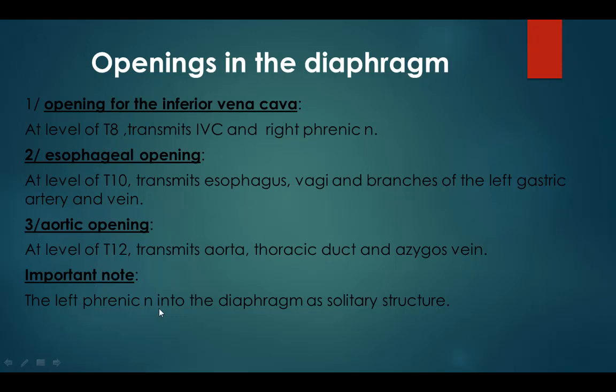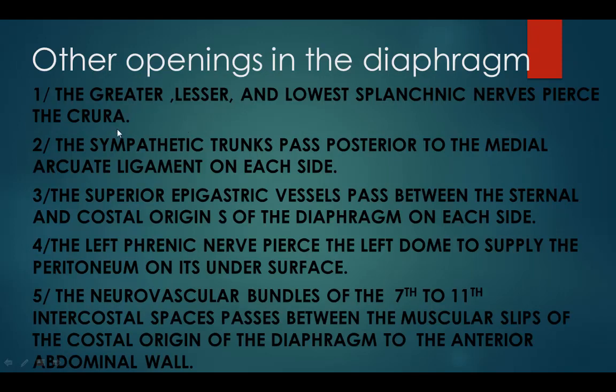The left phrenic nerve enters the diaphragm as a solitary structure. So the left phrenic pierces the diaphragm, not passing through one of these openings. We have other openings in the diaphragm. We have openings for the greater, lesser and lowest splanchnic nerves, which pierce the crura. We have an opening for the sympathetic trunk as it passes posterior to the medial arcuate ligament.